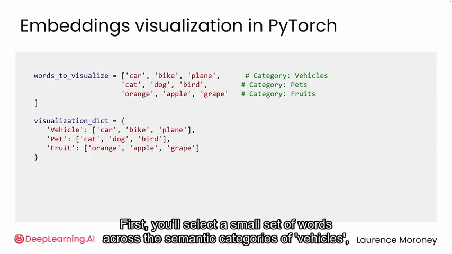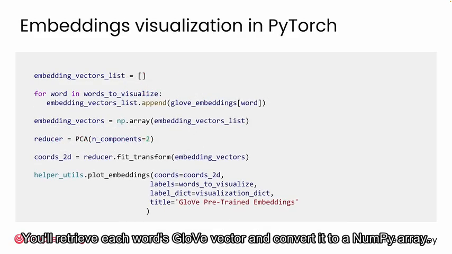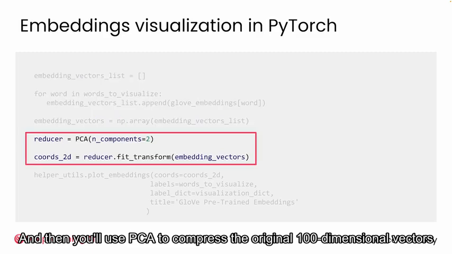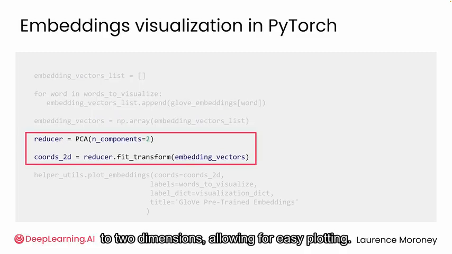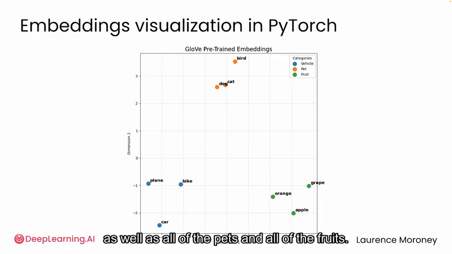And here's some code to visualize embeddings using PCA in Python. First, you'll select a small set of words across the semantic categories of vehicles, pets, and fruits. You'll retrieve each word's GloVe vector and convert it to a NumPy array. And then you'll use PCA to compress the original 100-dimensional vectors to 2 dimensions, allowing for easy plotting. In the output, you can see how all of the vehicles cluster together, as well as all of the pets and all of the fruits.